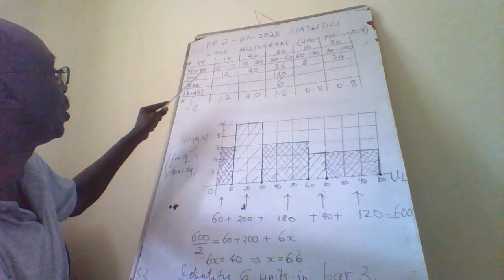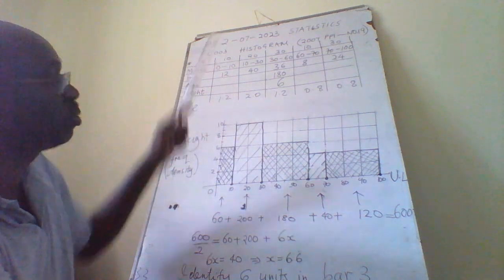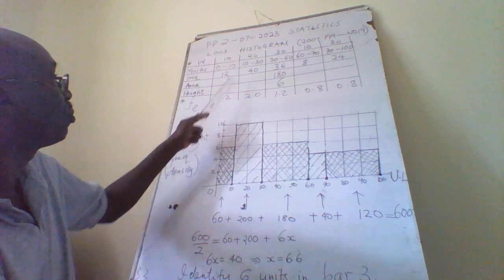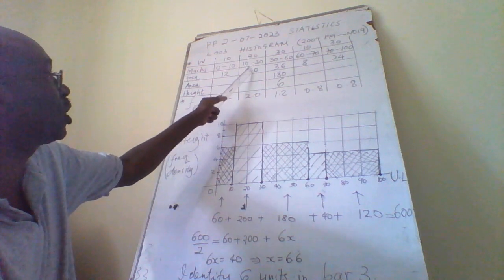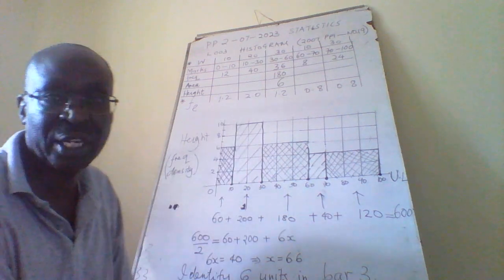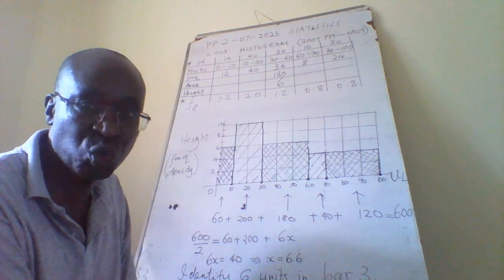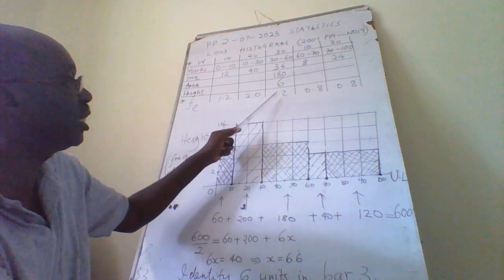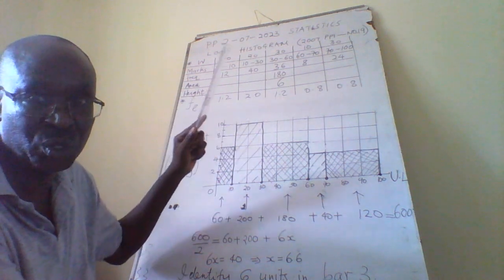So you take frequency of 12 divided by width 10. That gives me 1.2. You take frequency 40 divided by 20. That gives me frequency density 2. We take 36 divided by 30 gives me 1.2.